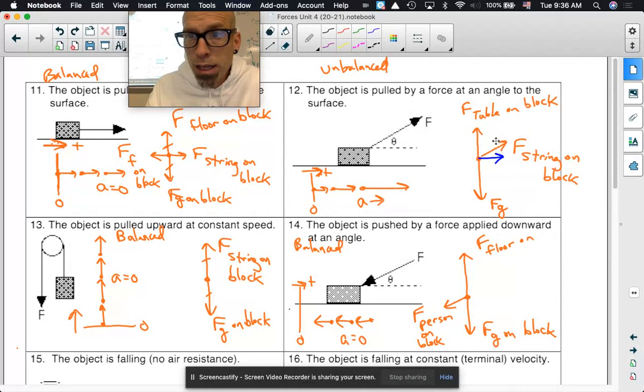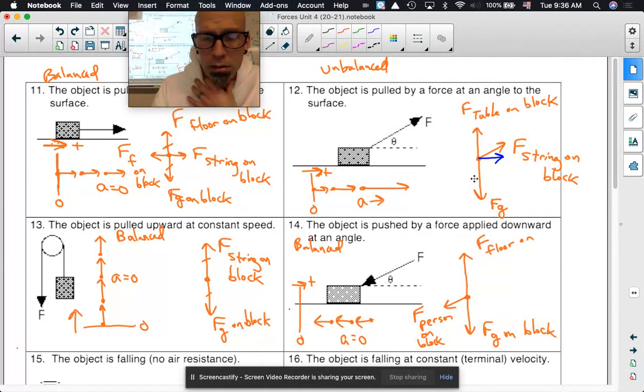Now, if you said that it was moving with a constant velocity in your motion map, then you have to show balance here. Well, how would you show balance in this diagram? Because right now it's showing imbalance to the right, which means we would need something pulling to the left to make it balanced.